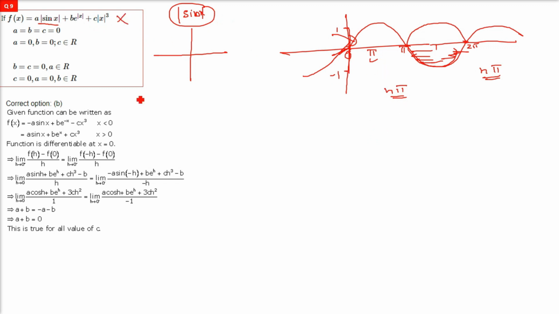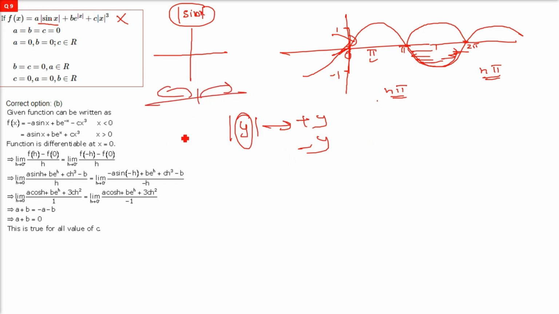I hope you got the idea. I am saying this modulus sin x has a different interpretation. You cannot just open the modulus just like that. It has to include n pi and all the other factors. But now I am closing my eyes and I just know that modulus y or modulus of anything is plus y or minus y depending upon whether y is greater than or equal to 0 or y is less than 0.